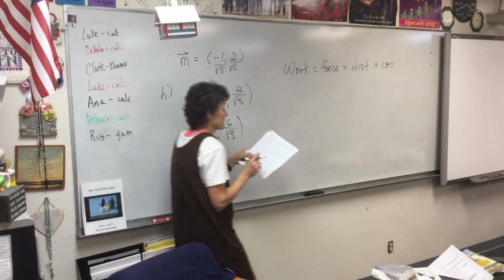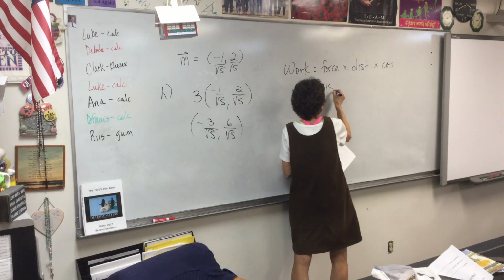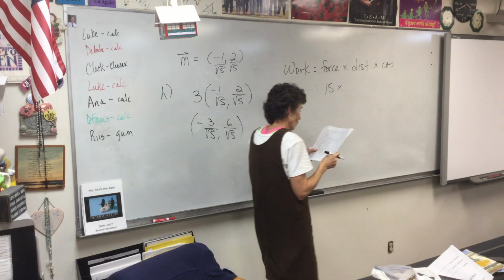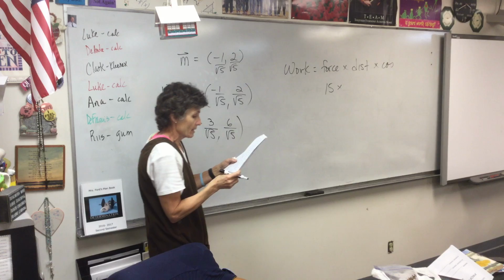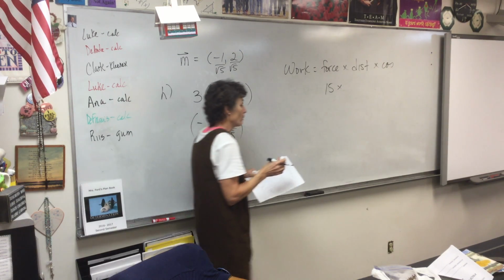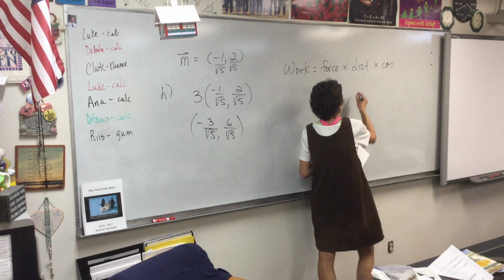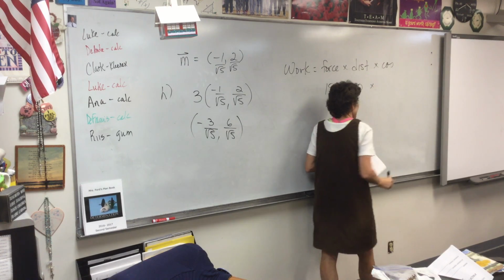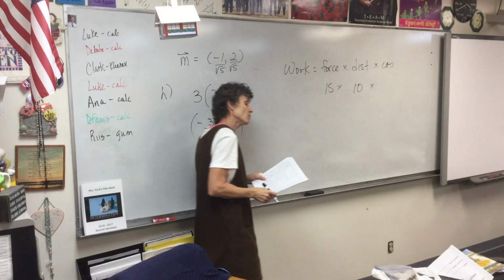The force is 15. It tells you that. It's a 15-pound force. Do I know the distance? 10. We're going from 0, 0 to 10, 0. So the distance is 10. Do I know the angle?